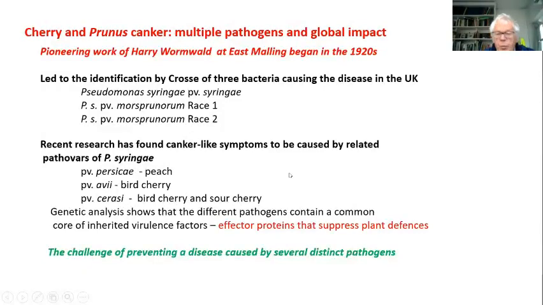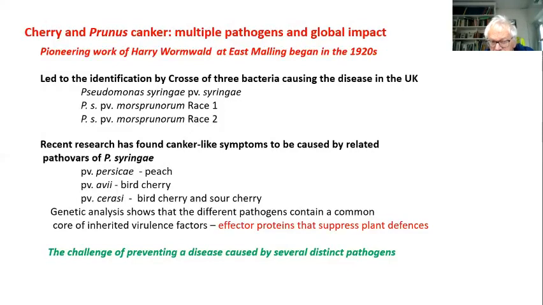Now, a lot of work has gone on with genomics of this, sequencing the bacterial genomes and studying genetic analysis. It shows that although they are quite different pathovars and quite distinct in many ways, they do contain a common core of inherited virulence factors. In particular, they seem to have a suite of what are called effector proteins, which are injected by the bacterium into plant cells to suppress plant defenses and also to modify the plant's metabolism to favor bacterial growth.